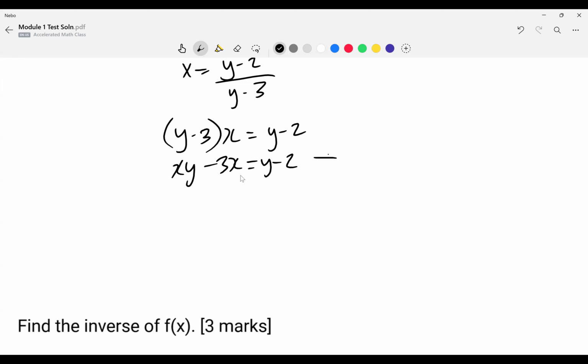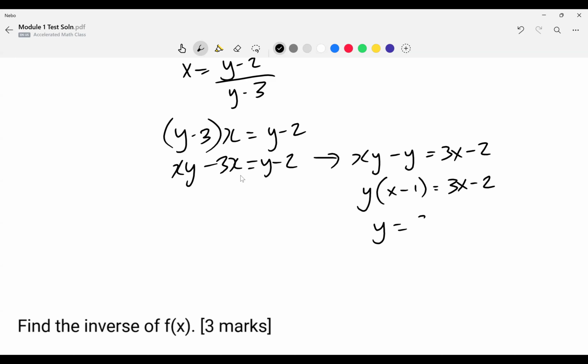And then we're going to have xy minus y equal 3x minus 2. Factor out the y, we get y times x minus 1 equal 3x minus 2. Y is equal to 3x minus 2 all upon x minus 1.